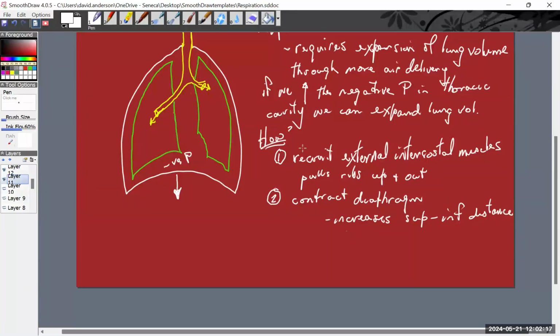If we pull the ribs out by contracting external intercostal muscles, the ribs go up and out. That also increases the anterior to posterior distance. These two things increase volume, which means we're going to decrease pressure. So lungs can inflate.